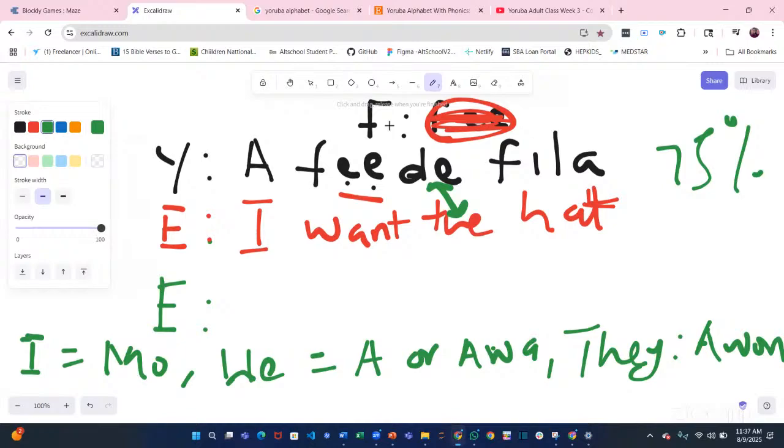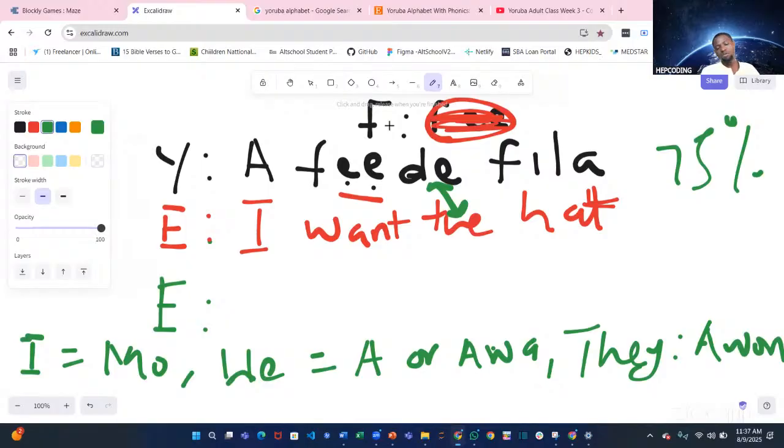So you need to add this to your diction now. I is mo. We have been using this for the past 3 weeks. We are: a fe je, a fe sun, a fe lo, a fe to, a fe we, a fe jeun, a fe travel, a fe wo moto, a fe wokọ, a fe lo si school, a fe lo toilet.